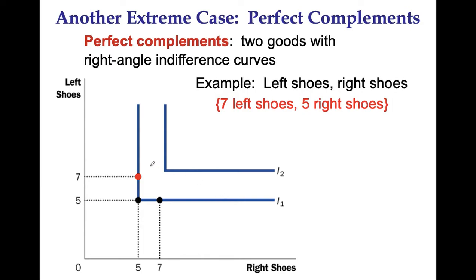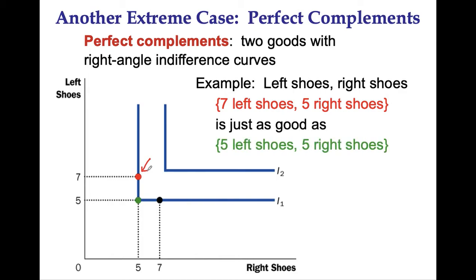Here, we have 7 left shoes and 5 right shoes. This bundle is just as good as 5 left shoes and 5 right shoes.